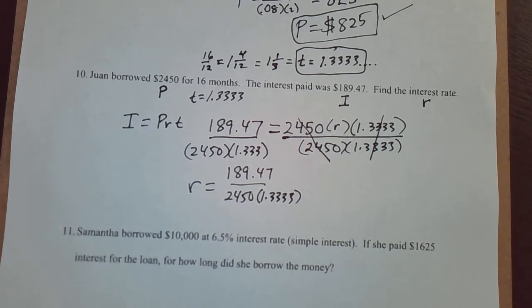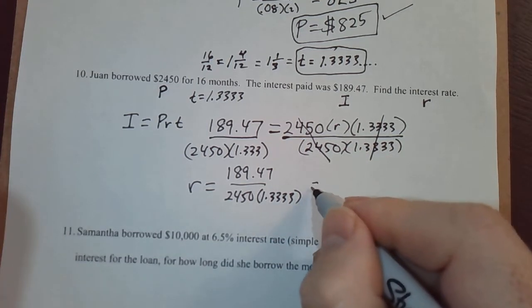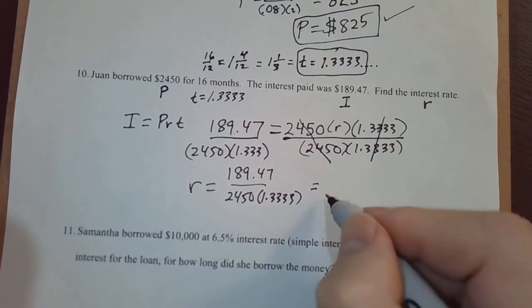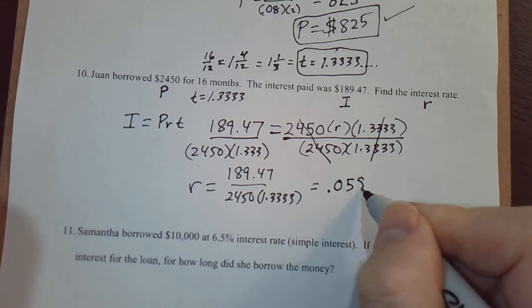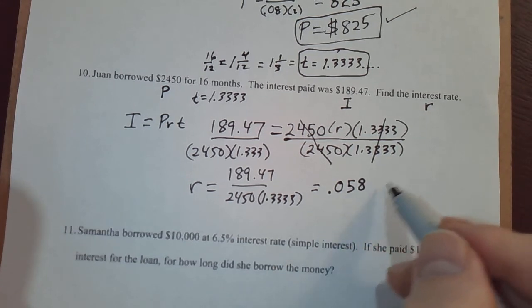All right, I'm going to my calculator, and I would get 189.47 divided by 2450 times 1.3333, and I get 0.058 and then 0, 0.